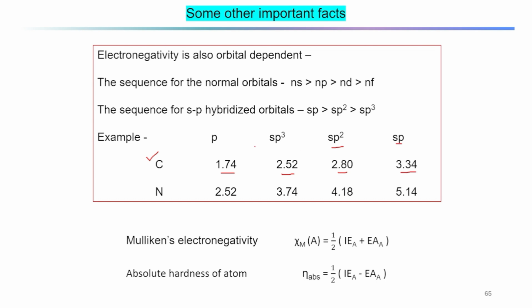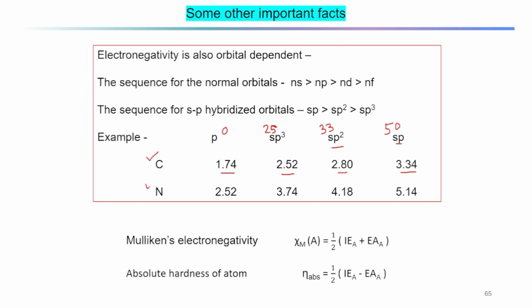So as we can see, as the s character increases, the electronegativity also increases. Here the s character is 0, here it is 25%, here it is 33%, and here the s character is 50%. So as the s character increases, the electronegativity of the atom also increases.